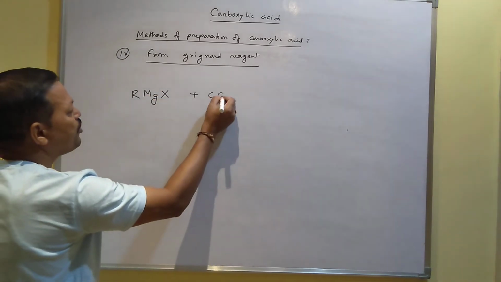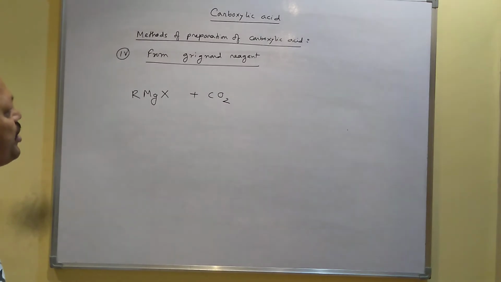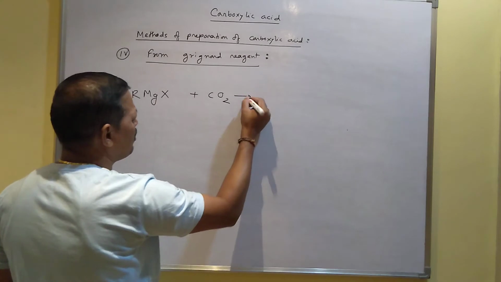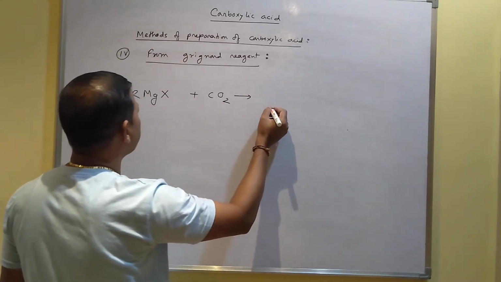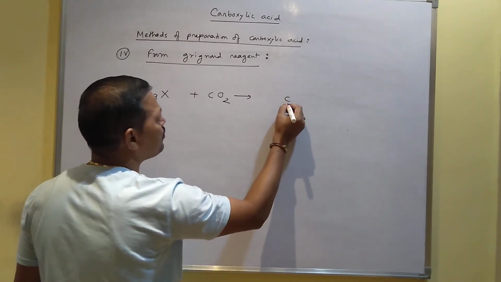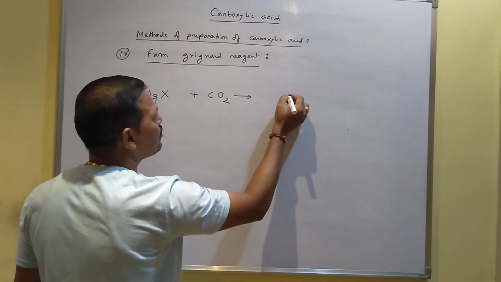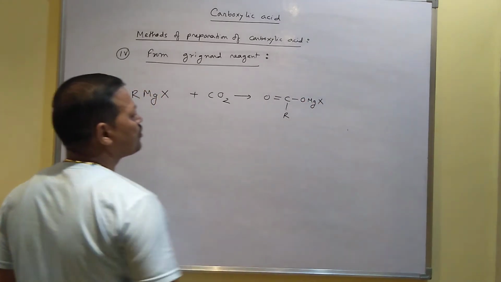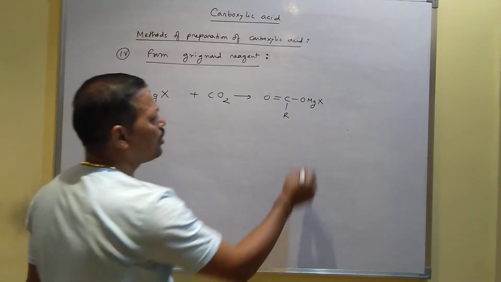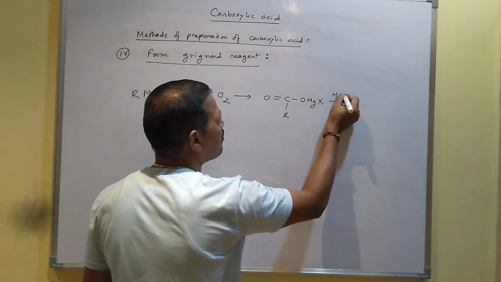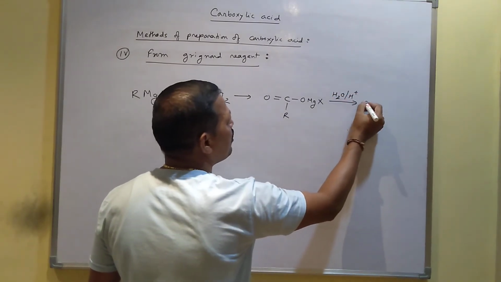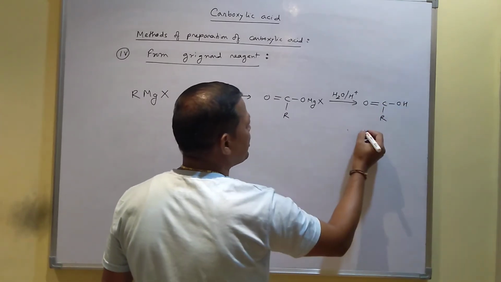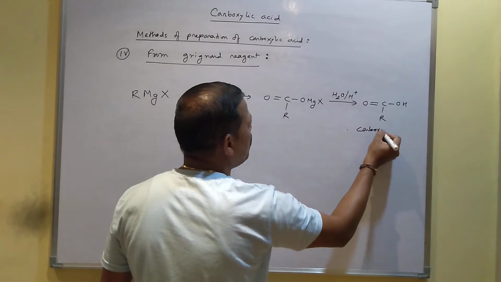When it reacts with carbon dioxide, I mean Grignard reagent you have to react with carbon dioxide, then it will convert like this. It will form one intermediate, and when you do hydrolysis of this intermediate, it will convert to carboxylic acid, RCOOH.